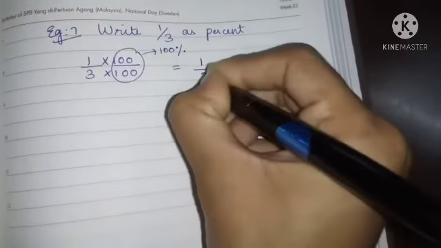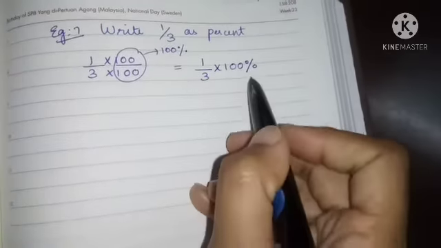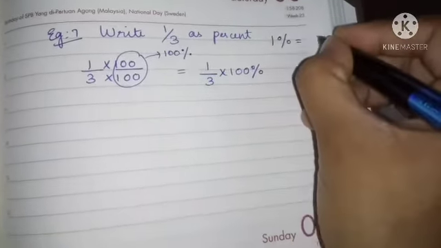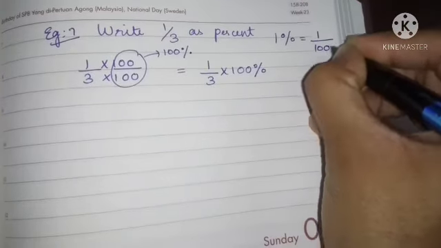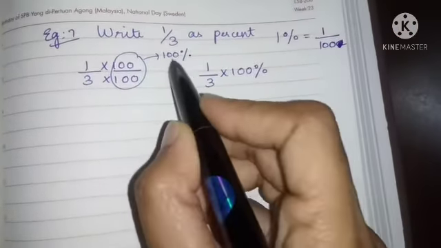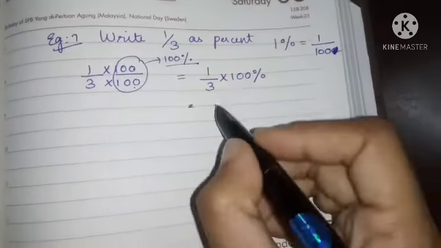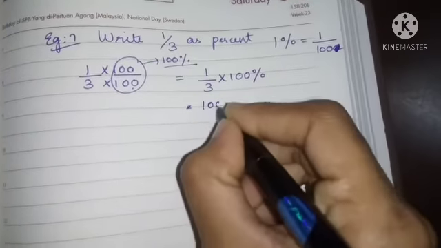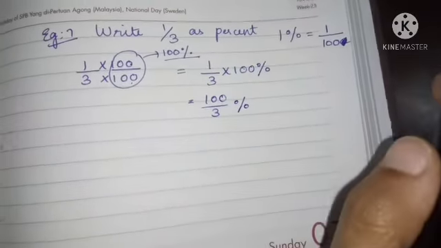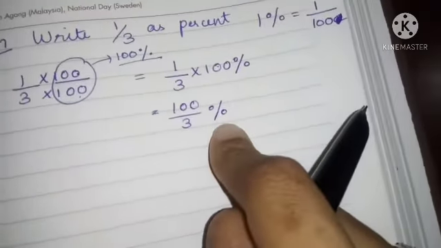So 1 by 3 into 100%. 100% means 100 by 100, just as you wrote 1% as 1 by 100. So now 1 into 100, 100 divided by 3%. Don't leave this symbol out. If you leave this symbol, it is entirely wrong.